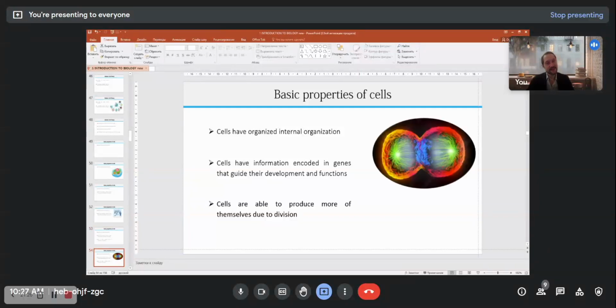And this is a nice picture showing cell division. And actually, it's amazing how new microscopic techniques can show us what happens inside of the cell during different types of activity of the cells. For example, here we can see different intracellular structures during division of the cell.